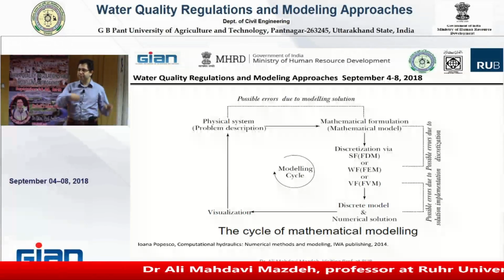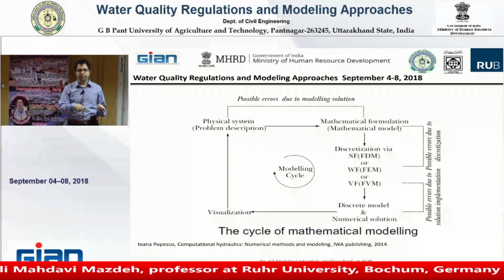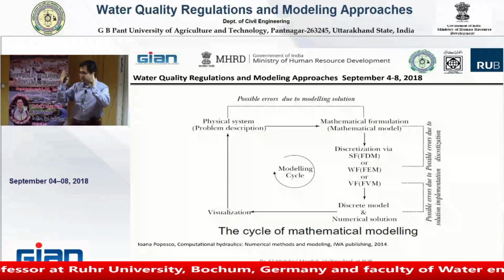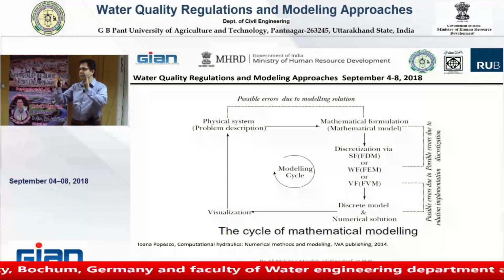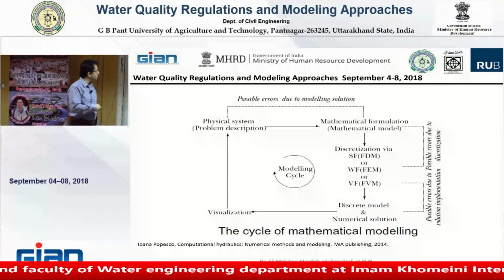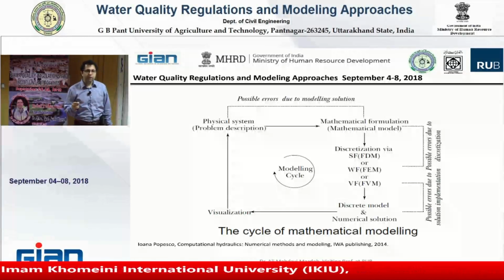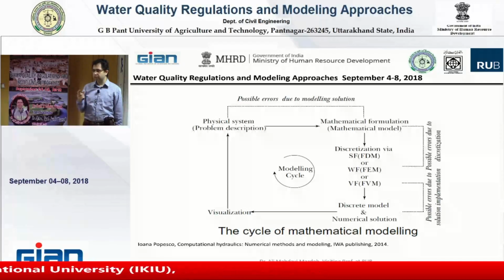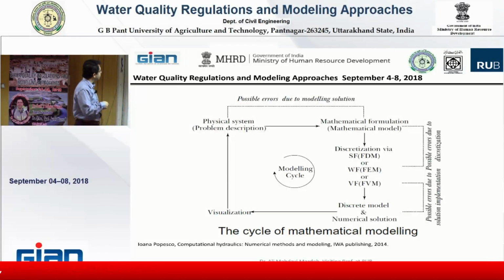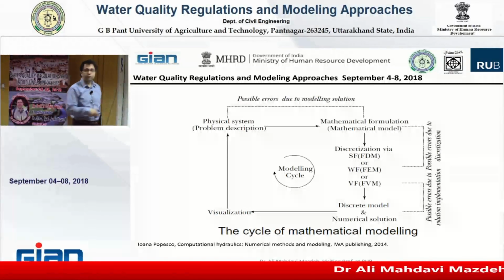This is the physical problem. We have a definition and understanding of it, and when we make a mathematical model of this, this mathematical model itself will have some errors. So we have the possible errors due to the modeling.